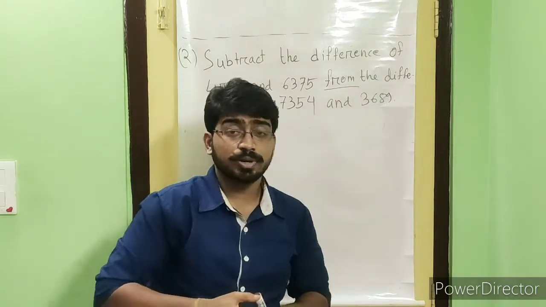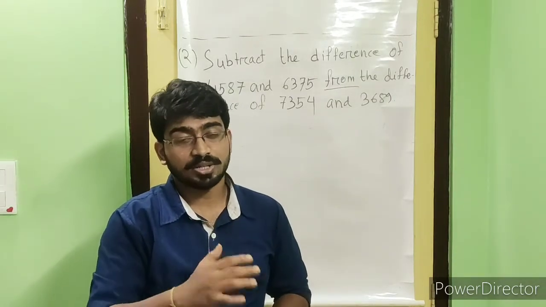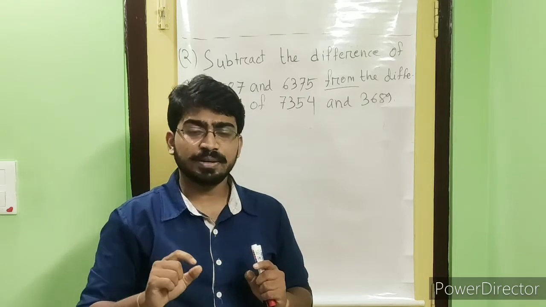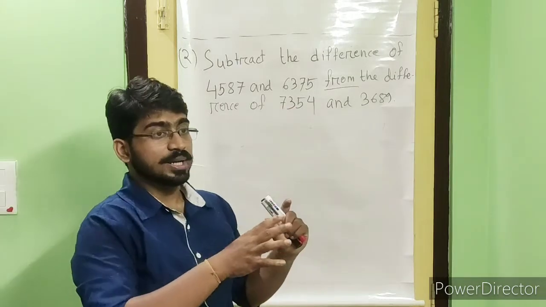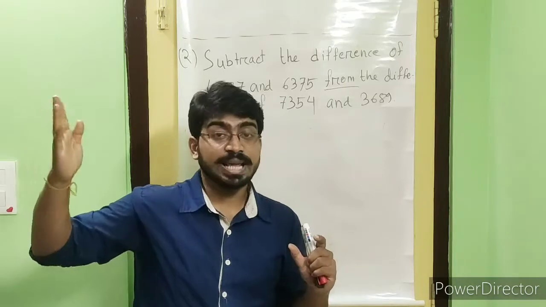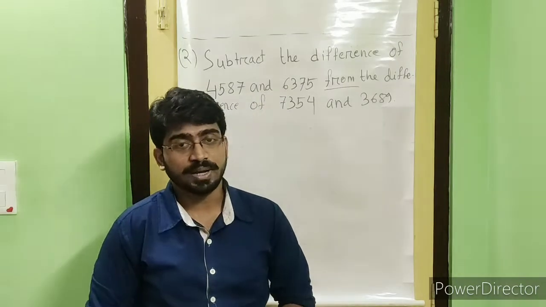Whenever we are using from, you can go through the previous chapter, subtraction, where some maths has been given in words like subtract 3459 from 4878. So many maths you have done.